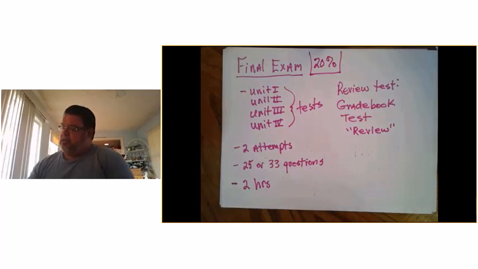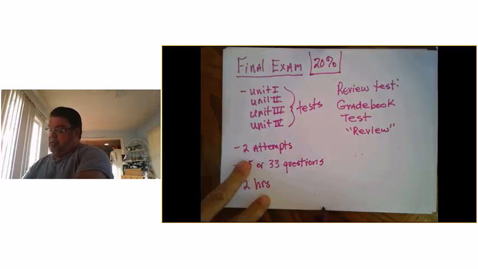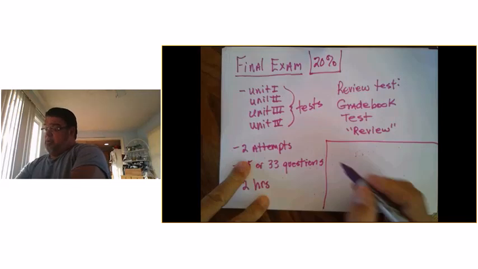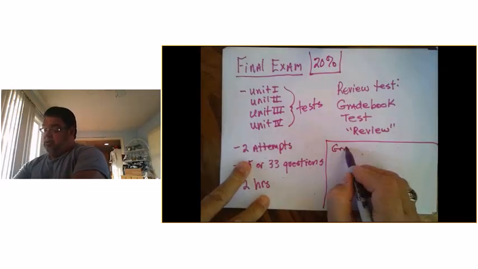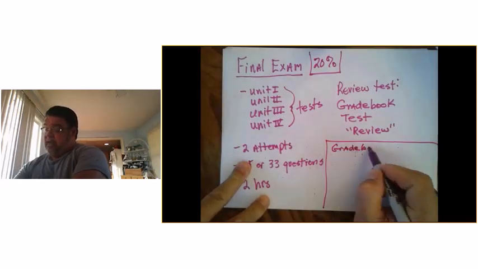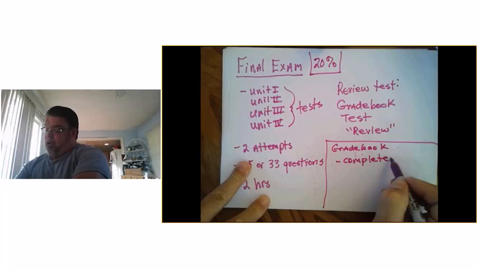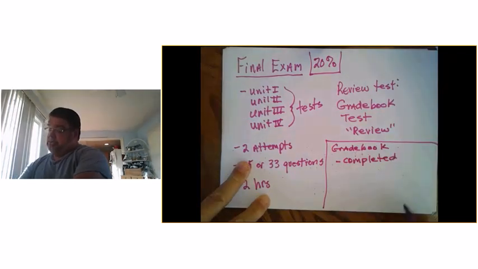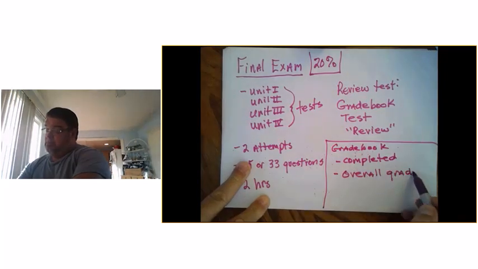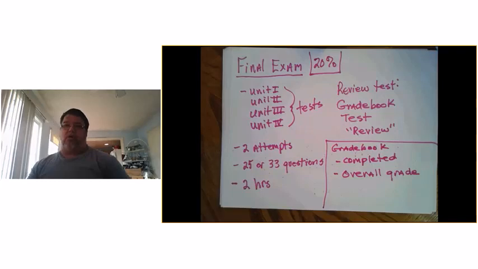If you want to find out your final grade, you go to Gradebook. After you have completed all your work, you hit overall grade, and whatever that overall grade is, that is your grade for the semester.